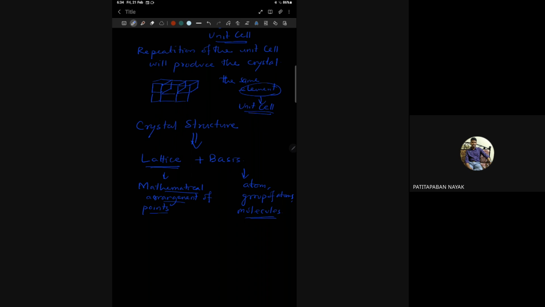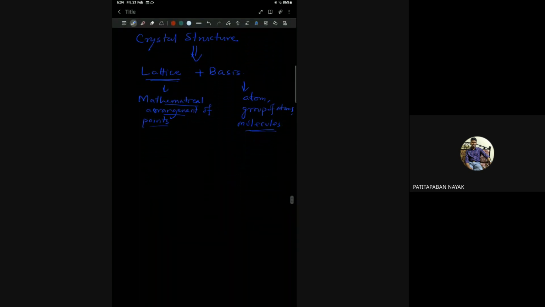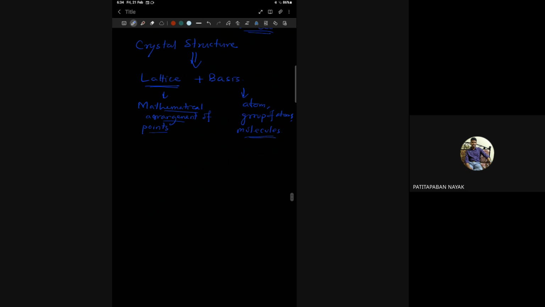So what do I mean by lattice? Let me draw a simple lattice, a square lattice or a rectangular lattice. I'll take a point here, here, here, and so on. These points are arranged in a rectangular manner.